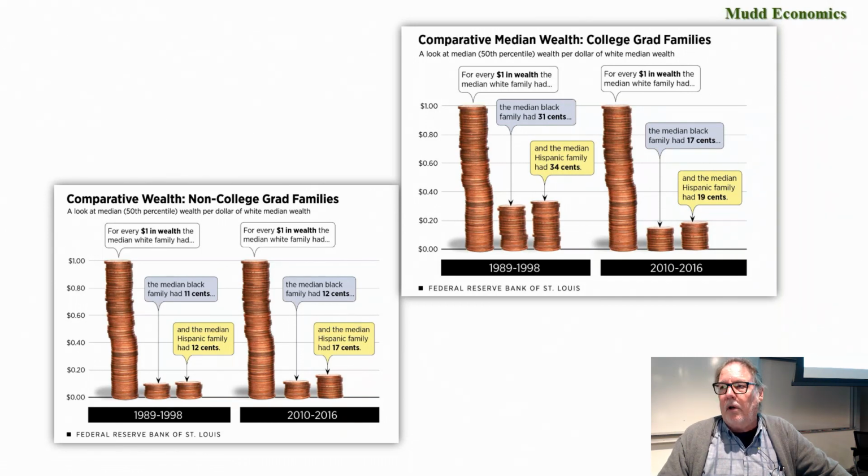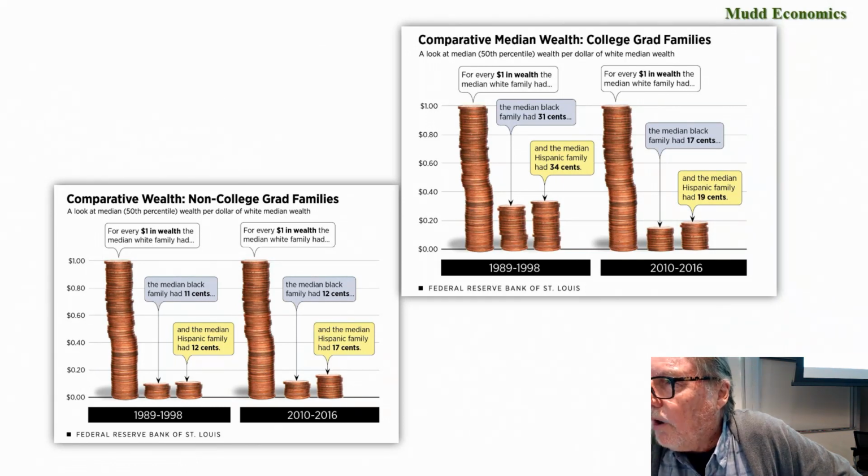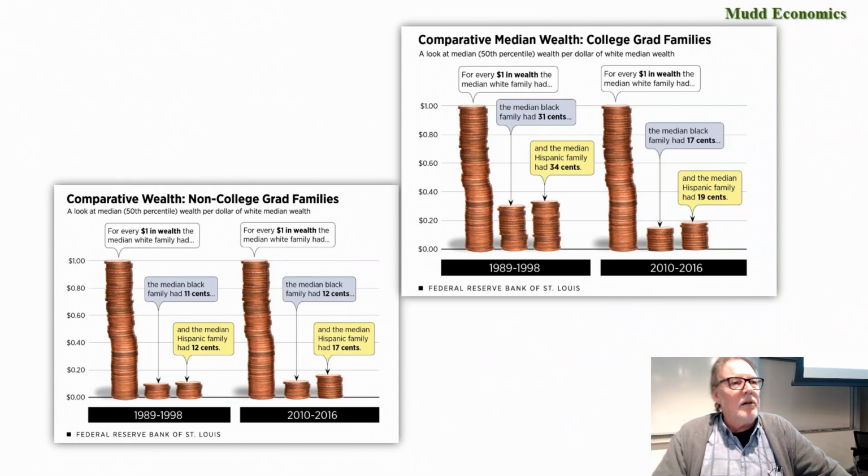For every $1 that the white family has, the black and the Hispanic family have pennies on the dollar compared to that. And then for college grads, it's fortunately a little closer, but it's surprisingly still skewed, isn't it? Right? Because we're talking about college graduates, so it's not as though they're unemployed or anything like that.